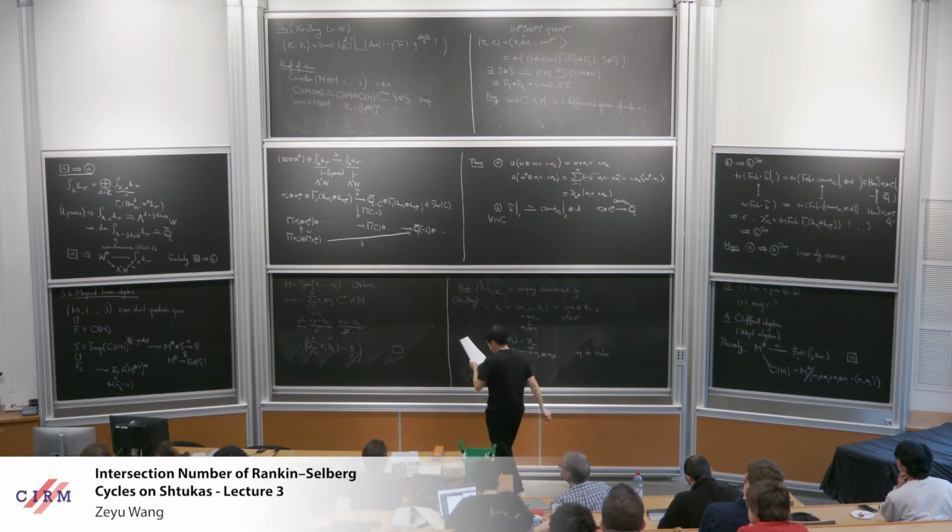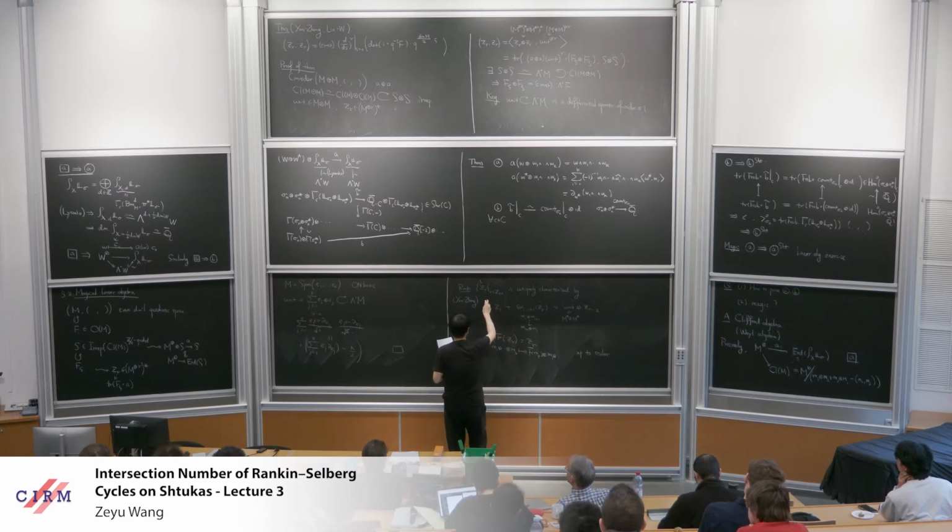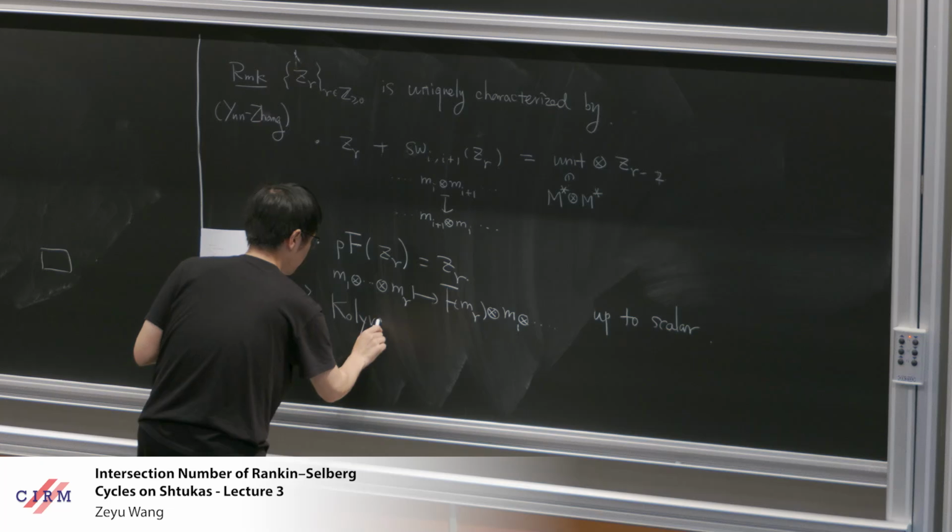They gave this sequence of elements the name Kolyvagin system over function field.